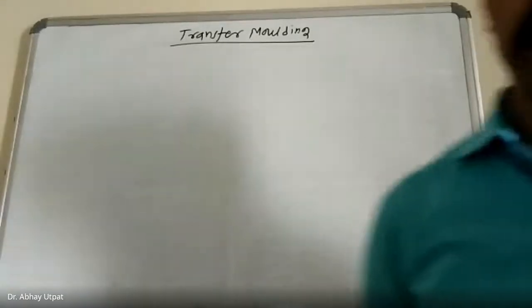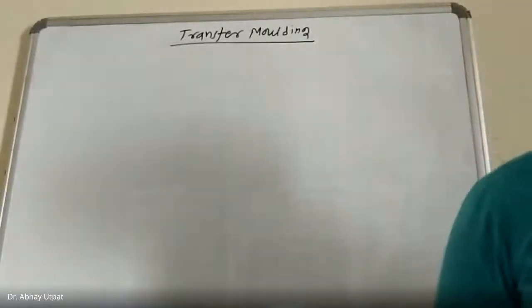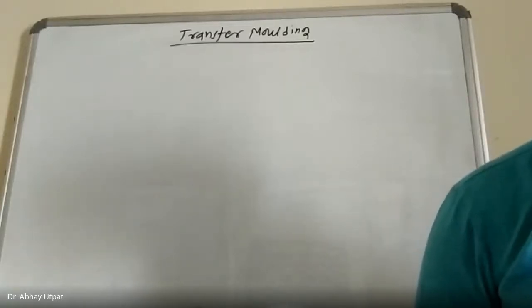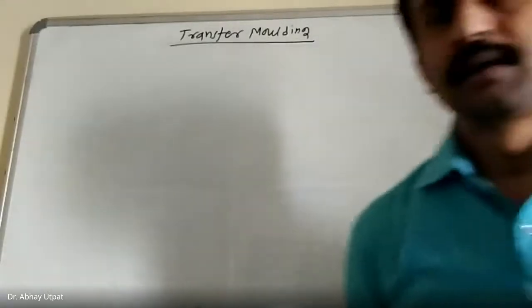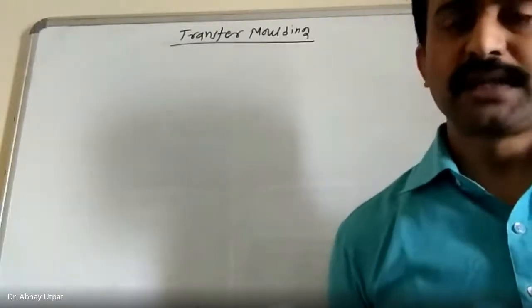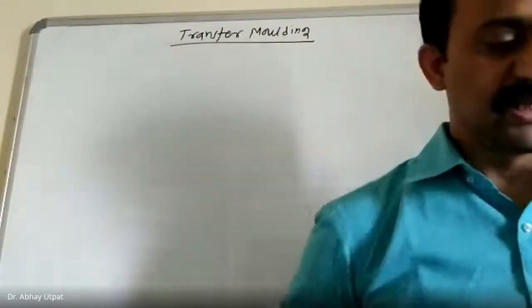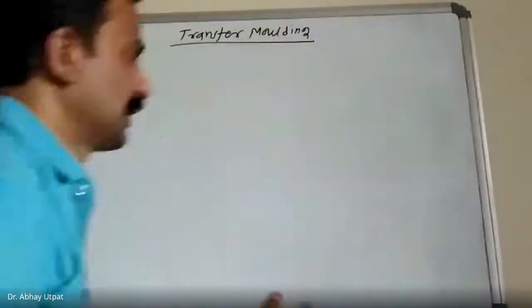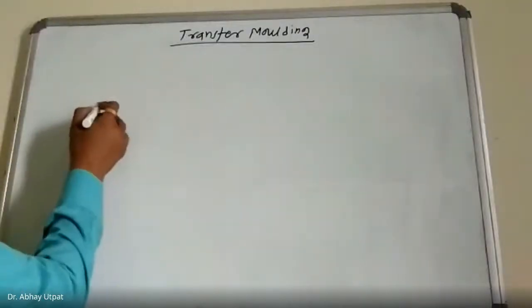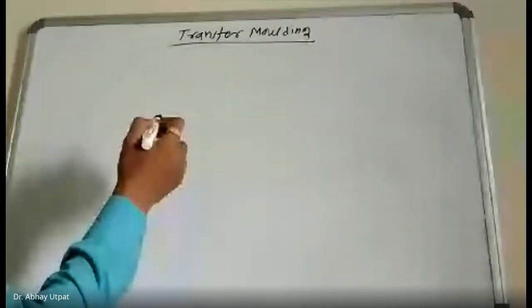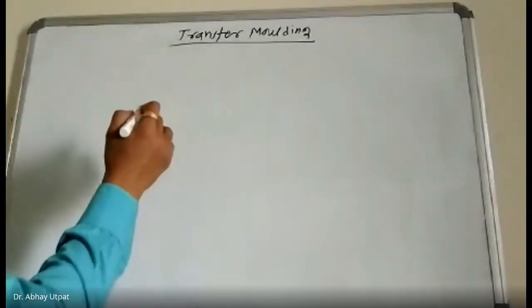The arrangement of transfer molding is as shown in the figure. Charge of plastic is kept in a heated cylinder till it becomes soft.